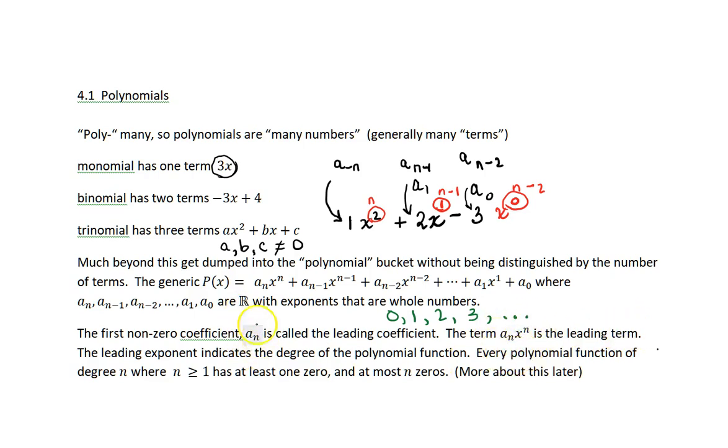The coefficient is just the number in front. That leading exponent, that n, indicates the degree of the polynomial. And every polynomial function of degree n, where n is greater than or equal to 1, has at least one zero and at most n zeros. We've actually kind of talked about this.